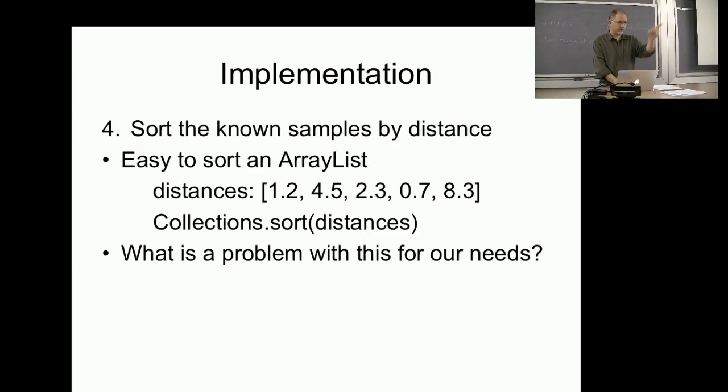You need to match the labels that go with it to the distances themselves. So when you sort it, you're only sorting the distances and not the labels as well. Yeah, if I sort this, I don't know what sample this belongs to anymore, right? So I don't know the classification that it belongs to, and so it doesn't really help me just to sort the numbers.